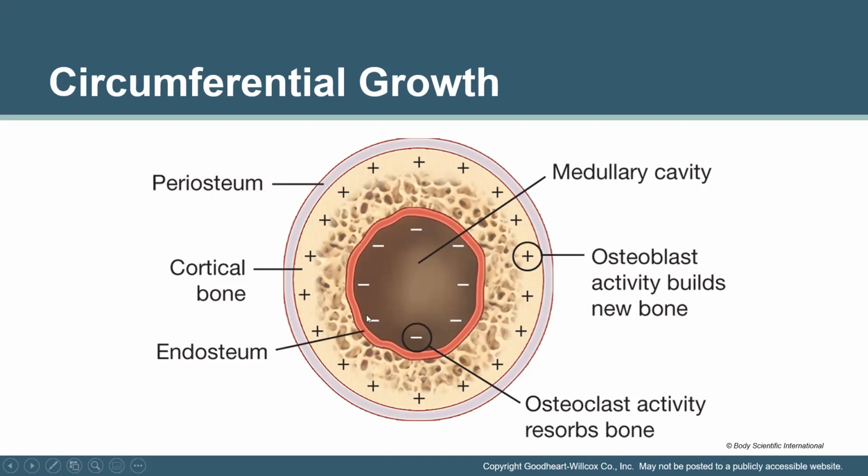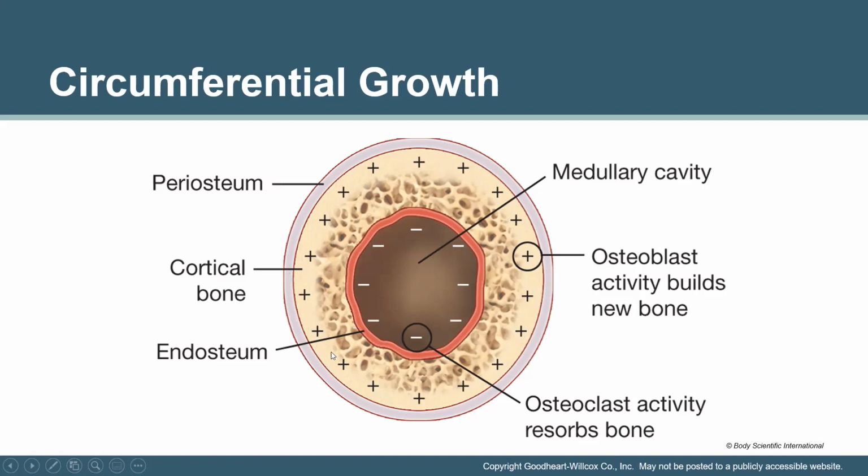Within that lining of that medullary cavity, this is where our osteoclasts will hang out. Remember, clasts with a C. They're going to dissolve bone minerals and release them into the bloodstream if that's what's called for. Outside of that endosteum, we see the trabecular or spongy bone.